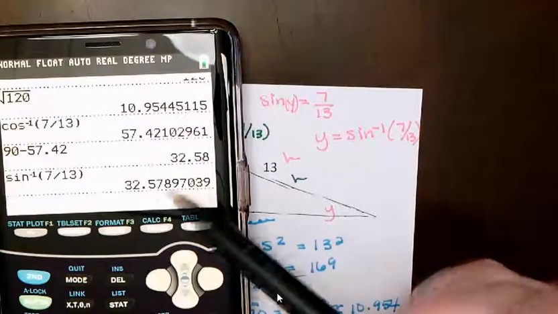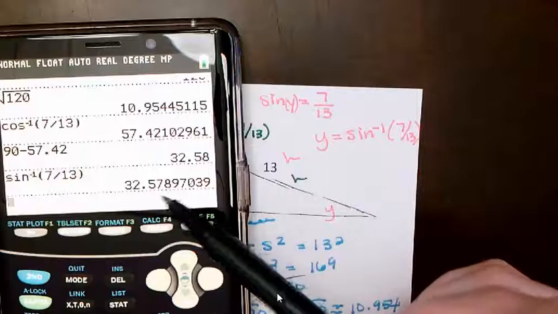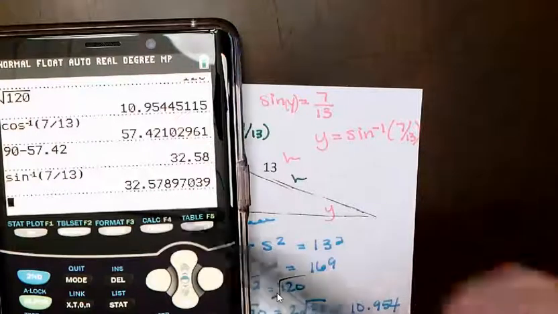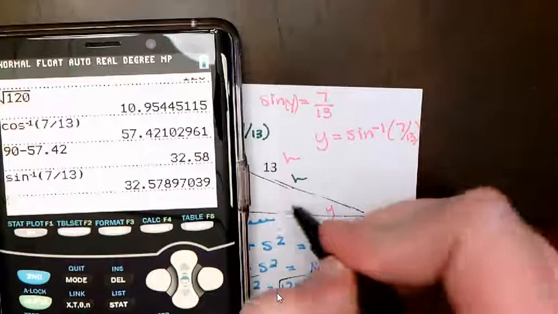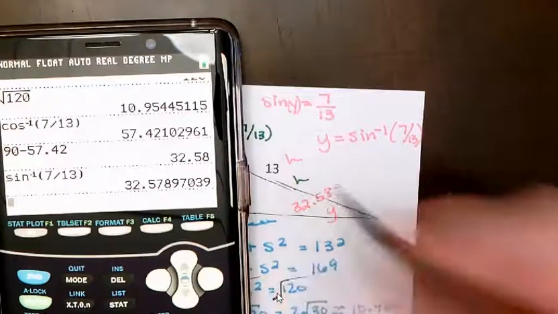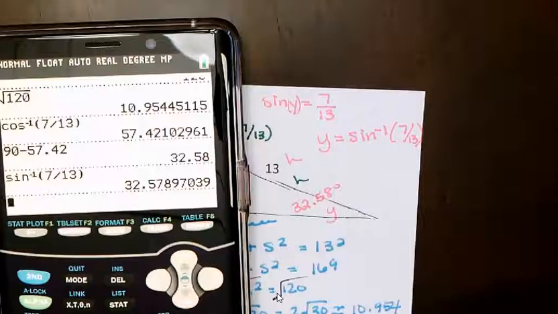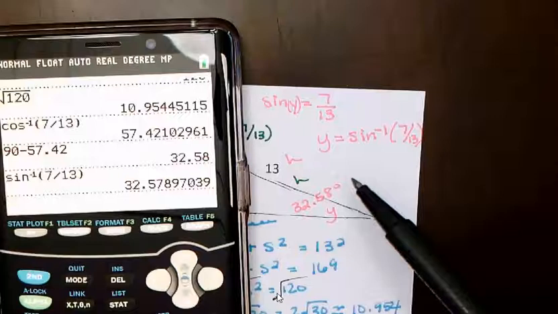So if you look at this, if I round to 2 decimal places, the 0.578 makes that a 0.58. So my y angle is 32.58 degrees. You only need to do one, and you can subtract because they're complementary as long as you find one, but it is up to you on how you would like to do that.